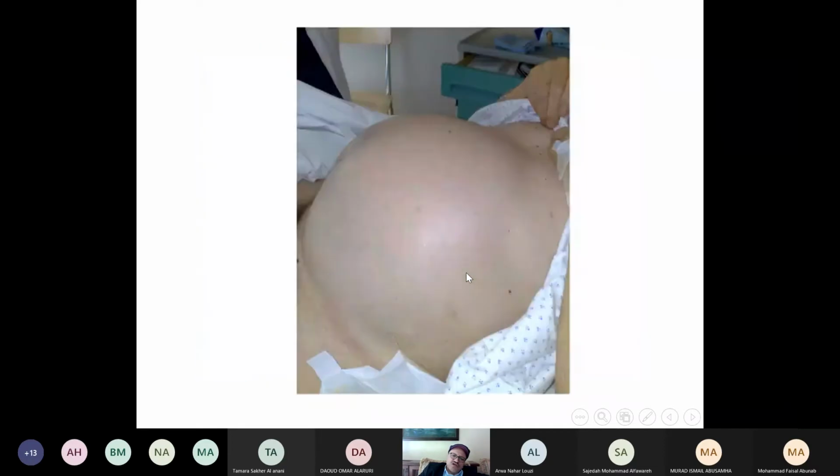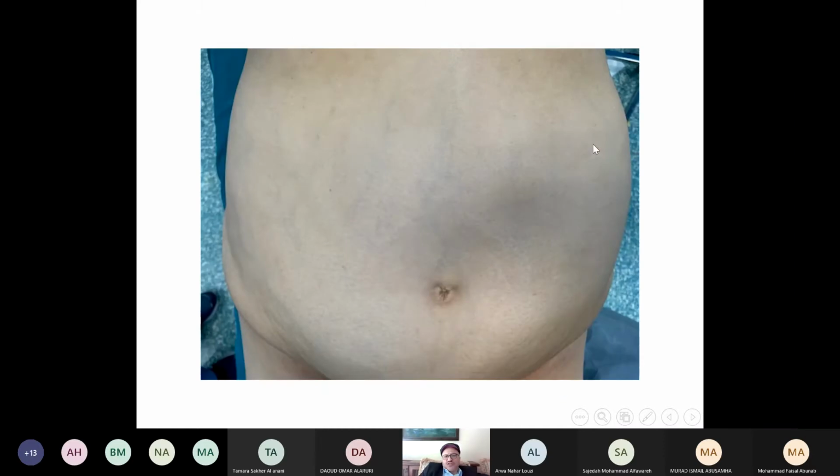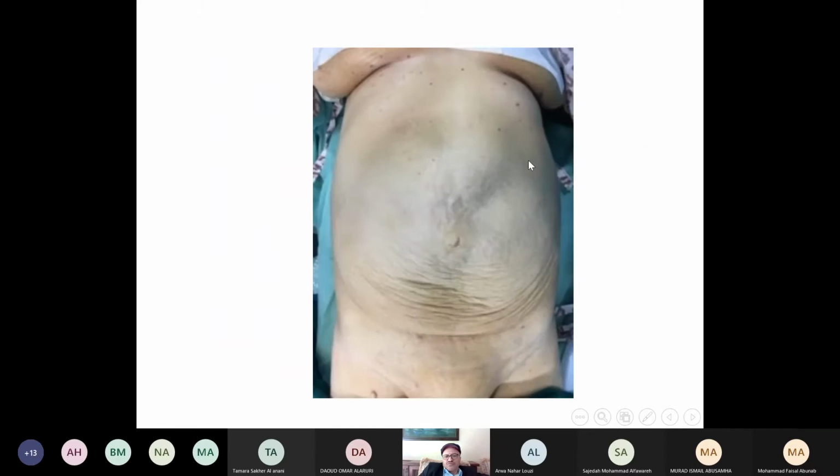So this distension here may be small intestinal distension, because the small intestine is diffuse, may be fluid, but this is a stomach distended. And this is a right colon and transverse colon distension.